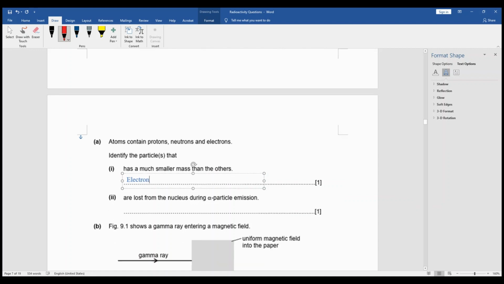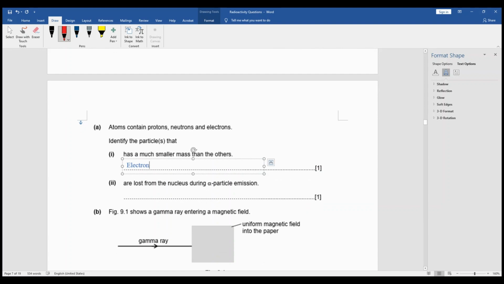And what is lost from the nucleus during alpha particle emission? You might ask yourself, what is inside the alpha? You have two protons and you have two neutrons. So basically, two protons and two neutrons.